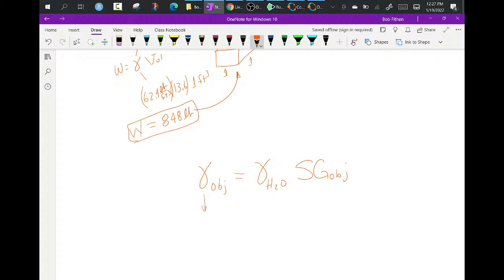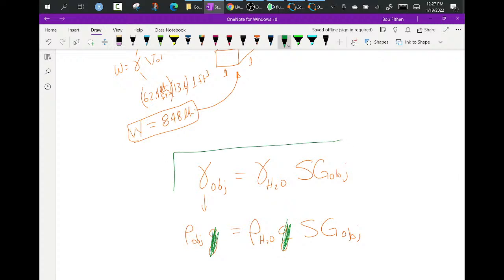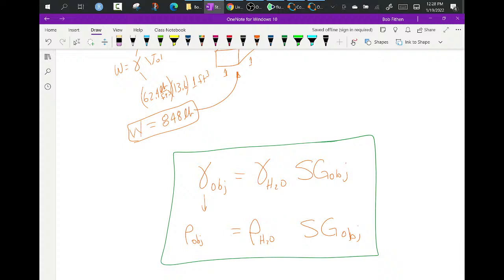But the gamma is equal to rho of the object times g, which is equal to rho of water times g times the specific gravity of the object. So guess what you can do? This g equals that g. So in fact, both these relationships hold. And you can basically knock the g out of both and you get the same thing.